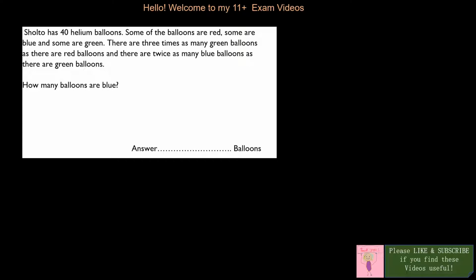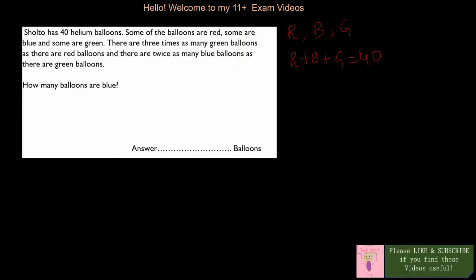Okay, so once more we will do our algebraic equation. We have the colors R, that's red, B for blue, and G for green. The total of all of these is 40, so R plus B plus G is 40.